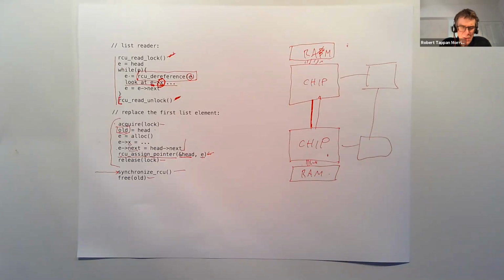There are lots of other interesting concurrency and synchronization techniques, but RCU is magic because it completely eliminates locking and writing for the readers. And so that's a big breakthrough compared to things like read-write locks, which were the previous state of the art.